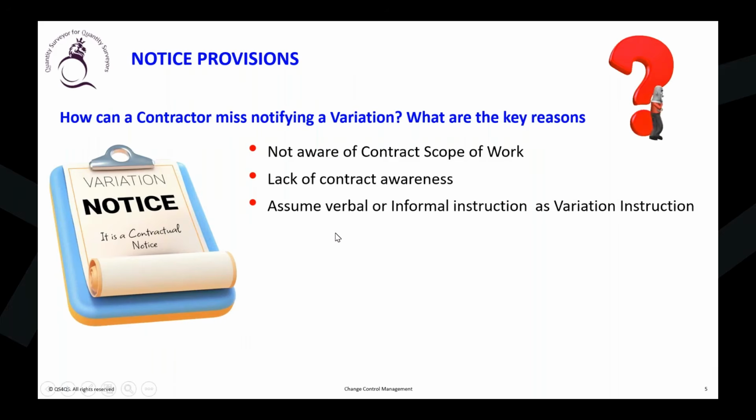The third reason, some contractors have a very poor practice. They think the verbal instruction that comes from the employer or engineer isn't a proper professional instruction, or some informal instruction comes by any means, by calls or email, whatever it is, without following a proper protocol.